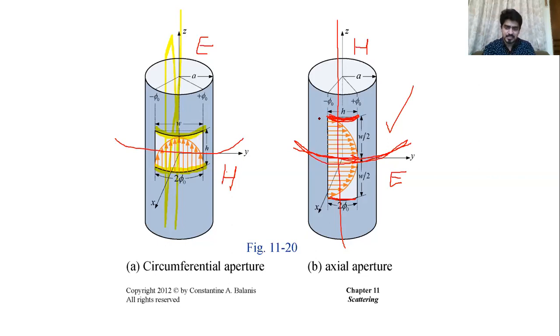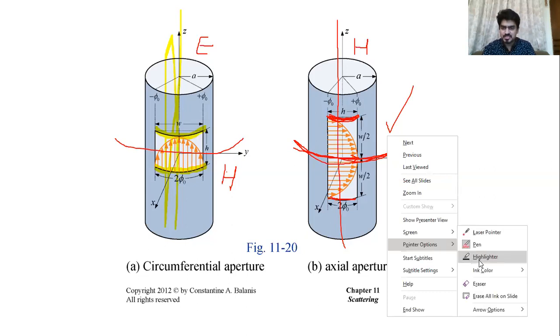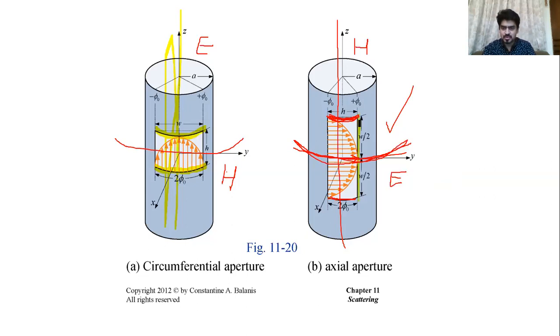However, in the E plane, in the horizontal plane, since your E vector is perpendicular to these two edges, it will have a much more pronounced diffraction from those two edges, and it will have a much broader beam width in the azimuthal plane or E plane or horizontal plane.